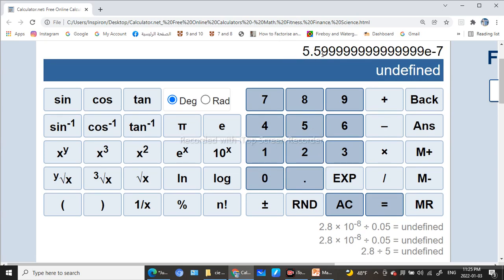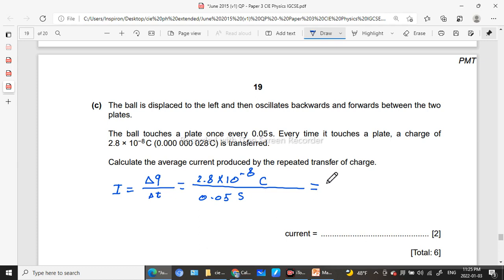This is the answer: 5.6 times 10 to negative 7. Coulomb per second is ampere.